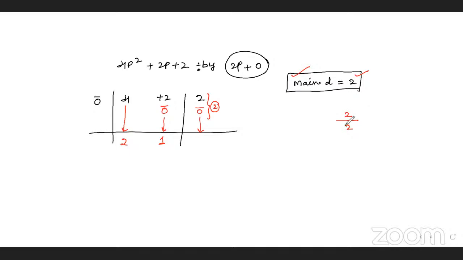So when I am dividing by the 2, then what happened? I am getting 1. Is it clear my point or not? Yes, sir.